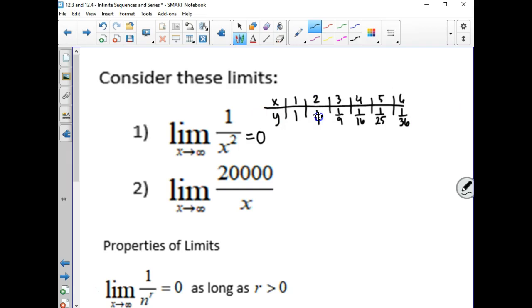So the limit doesn't make a difference whether it's 1 over x, or 1 over x squared, or 1 over x to the 5th, or 1 over x to the 1000th. It's all going to go to 0. This goes to 0 a little faster than the last problem, but as far as the limit goes, it's the same. What about number 2?